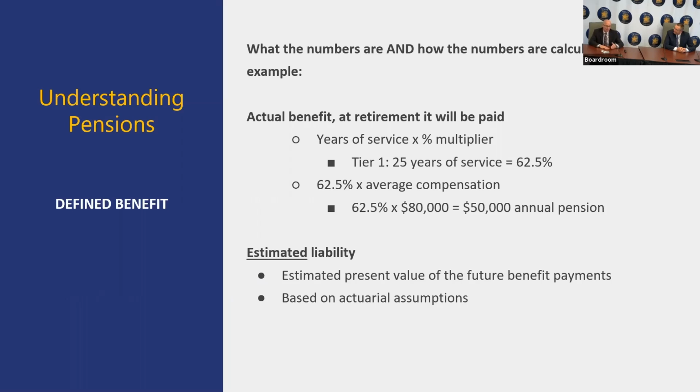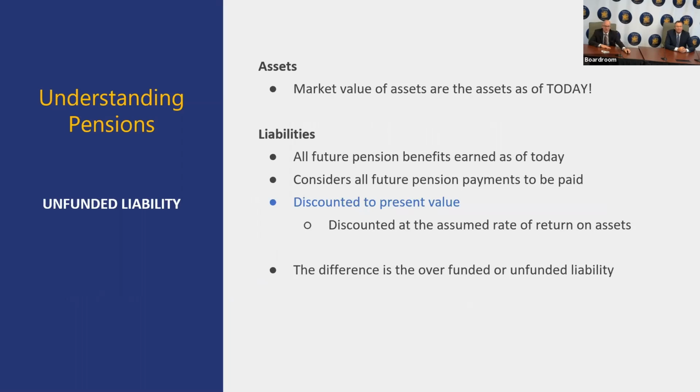Do they have a spouse? Will that survivor draw for additional years? So all of these things are constantly being updated and revised and changing the estimates, trying to be as accurate as we can. But the important thing to understand is that estimate is represented as a present value calculation. And I'll go into that a little bit more because that's very important to understand.